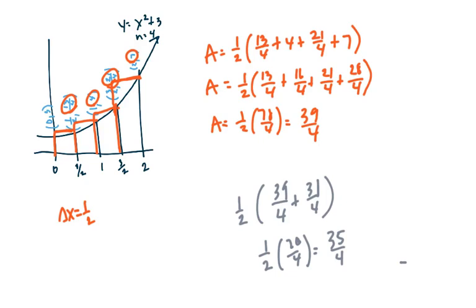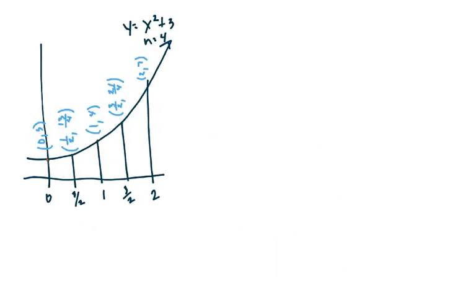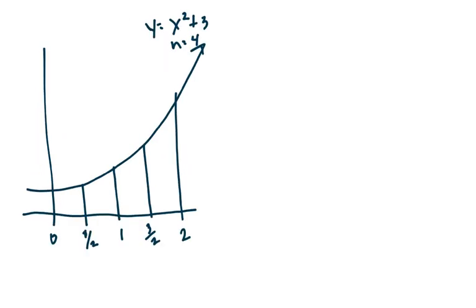But we don't want to do all the left and right endpoints to get there. So what we do is we take the midpoint. We start off with our same curve, but instead of using these values, we're going to use the midpoints. So the midpoint rule says I'm using the midpoint of these values, and that's my x is 1/4.